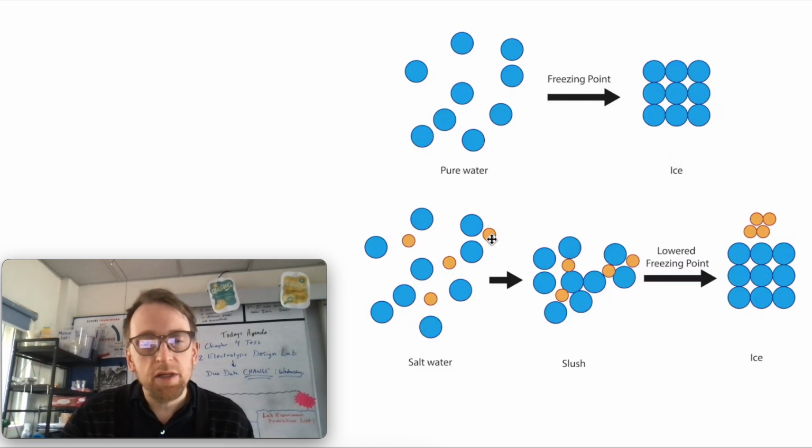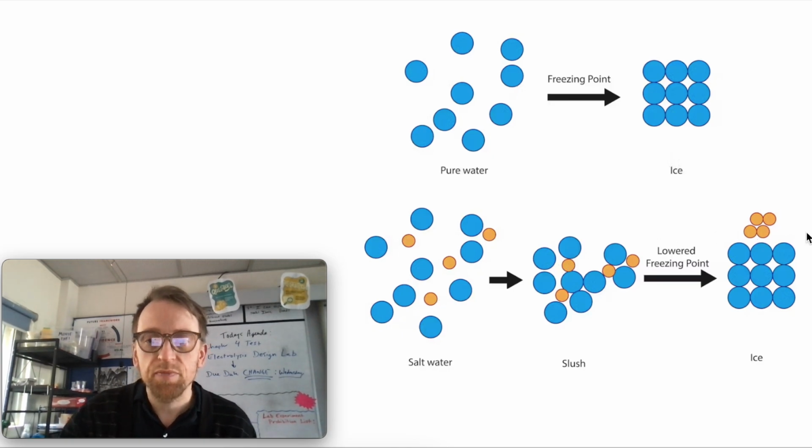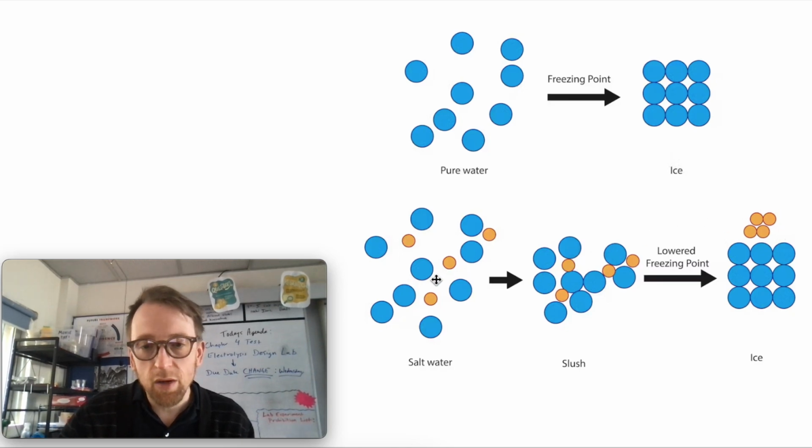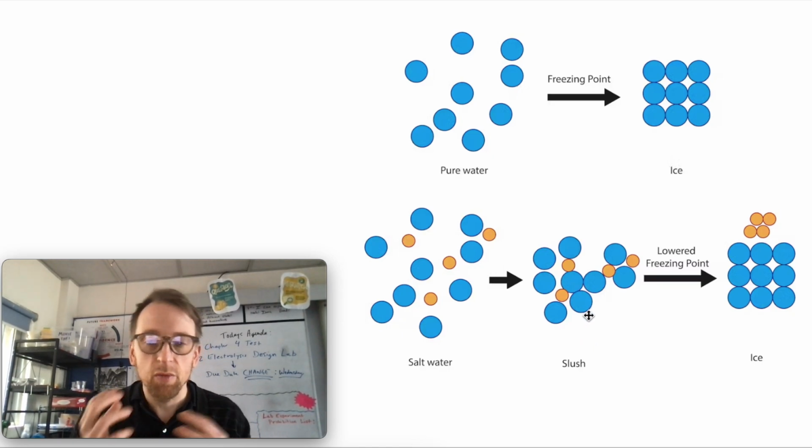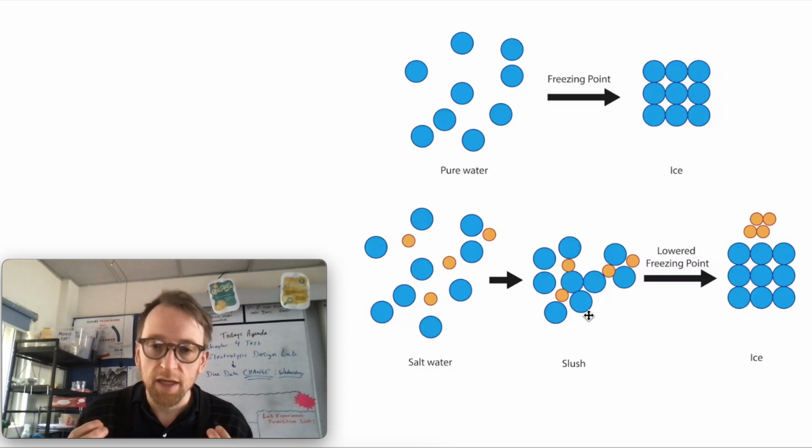But the interesting part is when we incorporate salt into this situation, we're going to represent salt here as orange dots. That would just be table salt. When we combine it with water, we turn this into salt water, and eventually we'll get this sort of slushy material that's a combination of the water and the ice and the salt together.